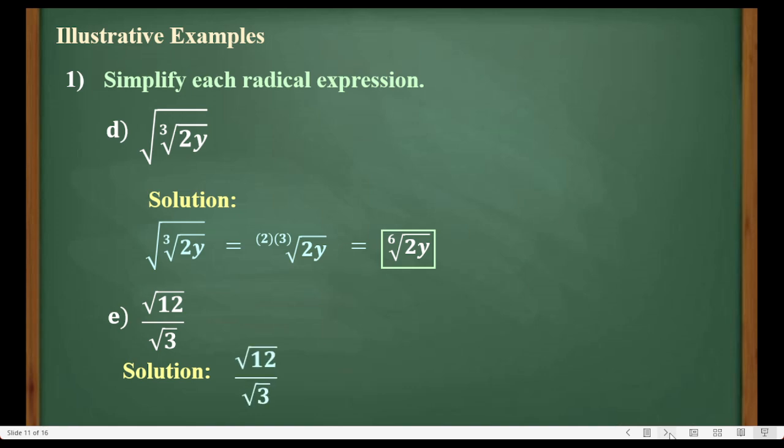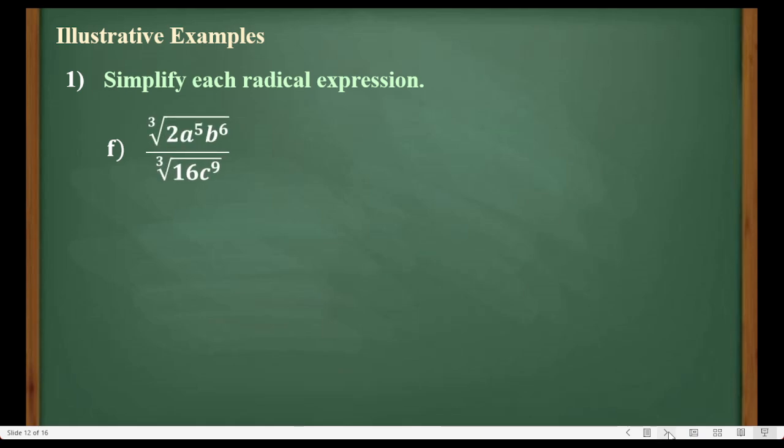So that can be expressed also as the square root of the quantity 12 divided by 3. And we know 12 divided by 3 is equal to 4. So this will become square root of 4, and in turn it becomes 2. Okay, next.